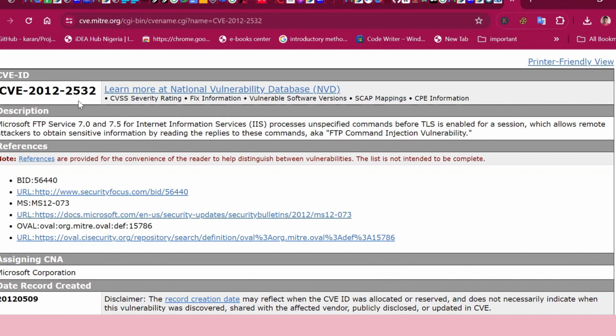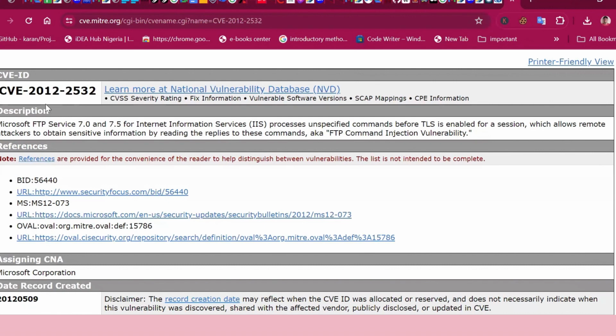For example, this vulnerability was found in 2012 and the ID is 2532. If another one was found in 2012, the next one will be 2012-2533, 2534, like that, till the year ends. Then when it's 2013, the next one will be 2013 whatever number it stops at.